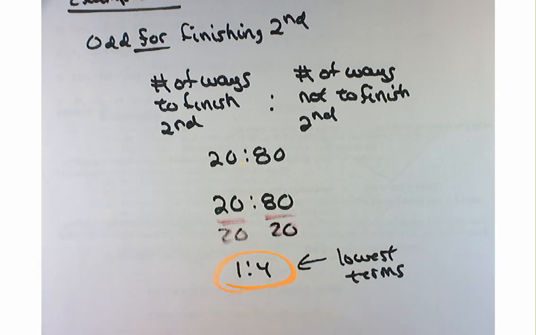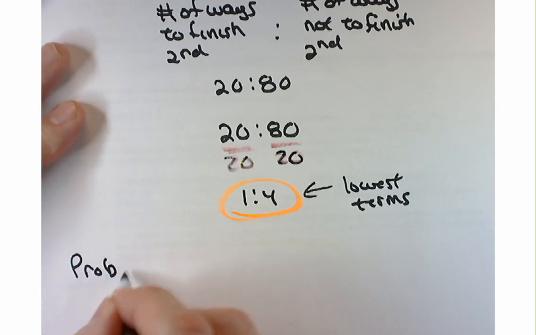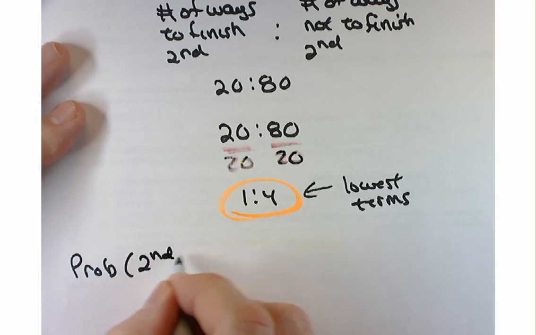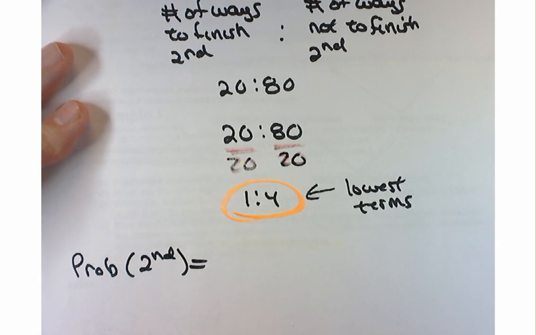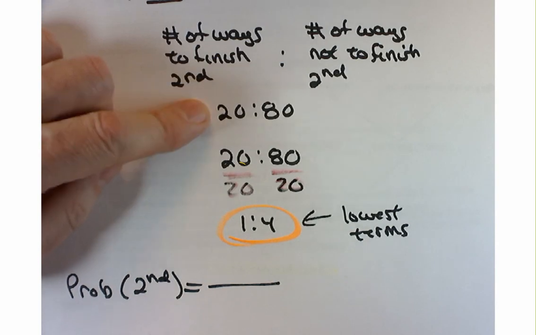So the probability of finishing second, probability of second place finish. Let's start out with the denominator. How many possibilities are represented by this ratio? How many things can happen when we look at this race?